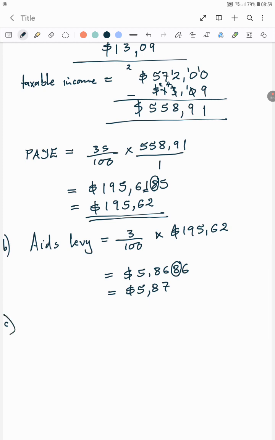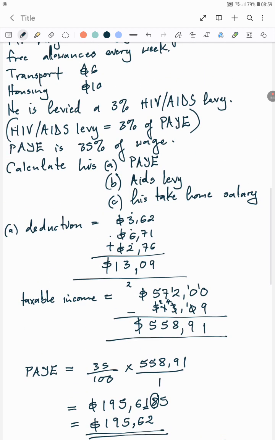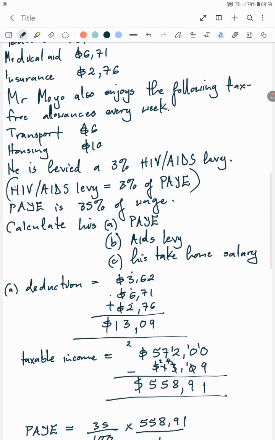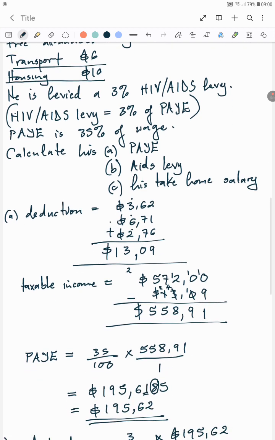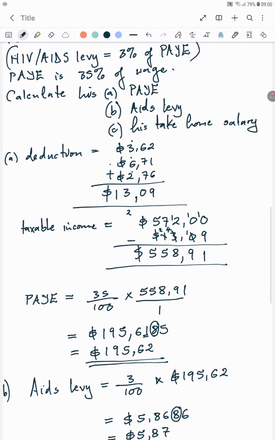Okay, and take home, which is the net salary after all the deductions. After all the deductions, it's going to be how much? So you also need to remember that he is getting these two, which is transport of $6 and housing of $10, and they are tax-free allowances, which is going to be added after all the other deductions.